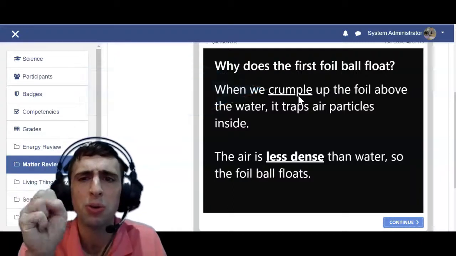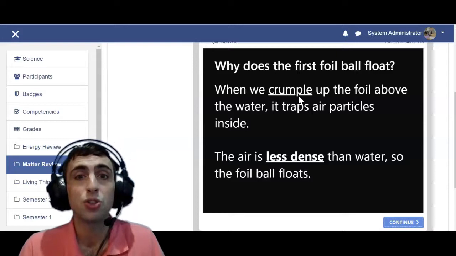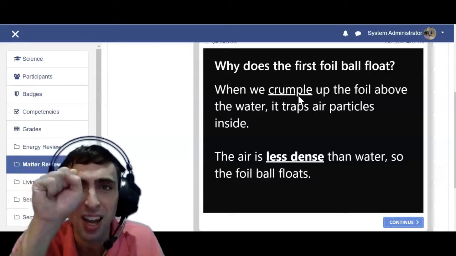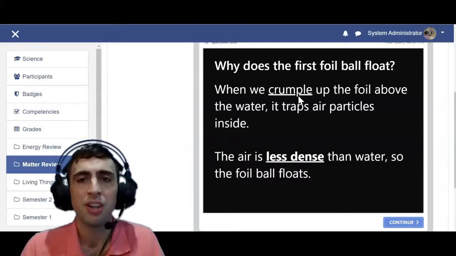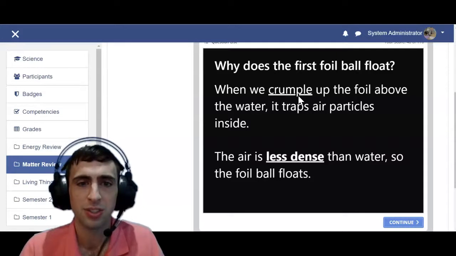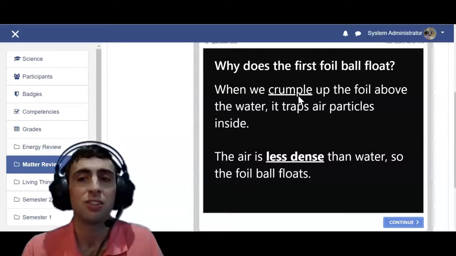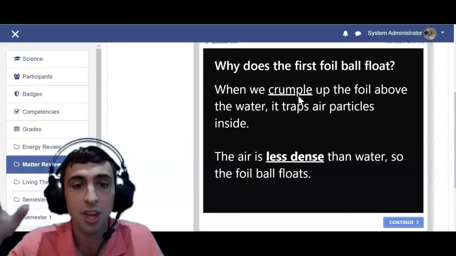When we crumple up the foil above the water, it traps air particles inside. So inside of that tin foil ball, there are air particles. The air is less dense than water. So the foil ball floats.